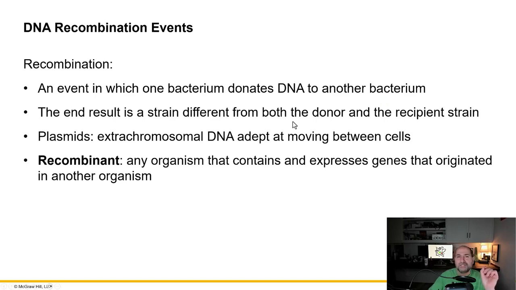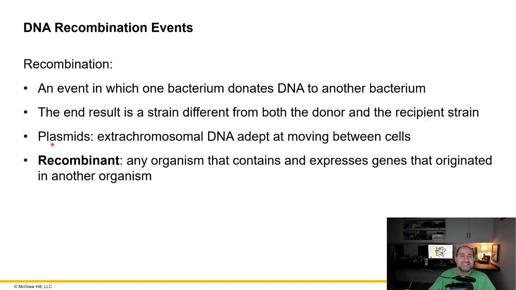Remember that bacteria don't reproduce with sexual reproduction. However, they can exchange DNA, and this is known as recombination. The end result of recombination is a strain of bacterium that's different from both the donor as well as the recipient.